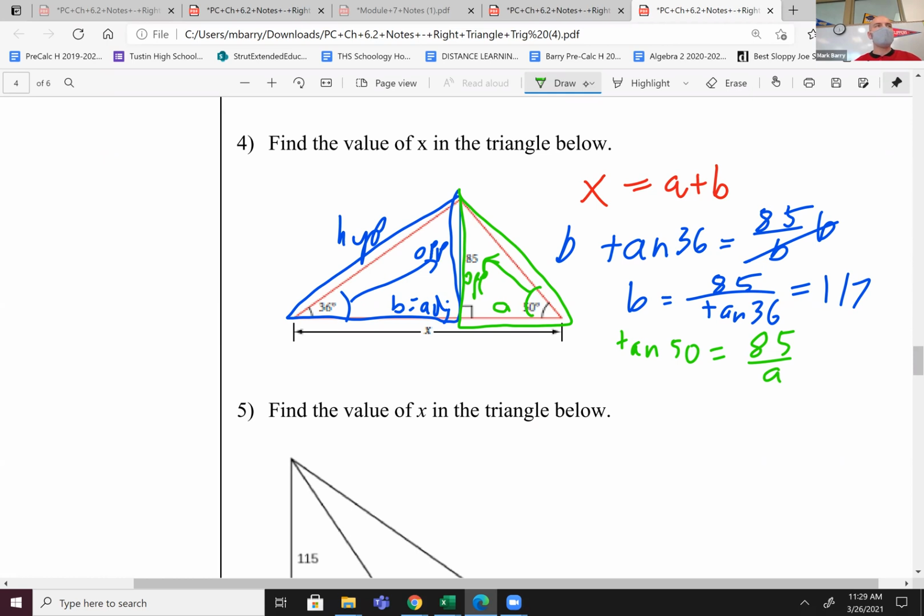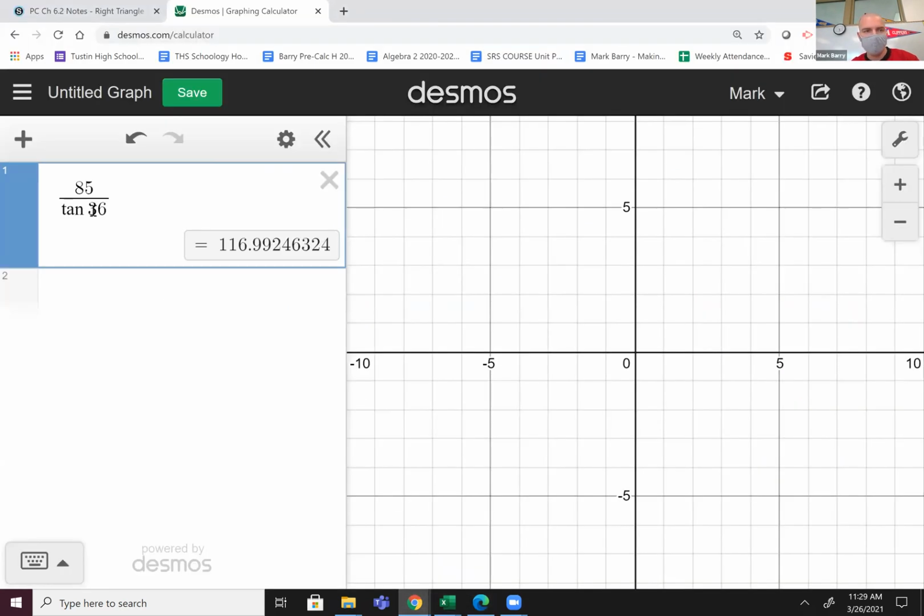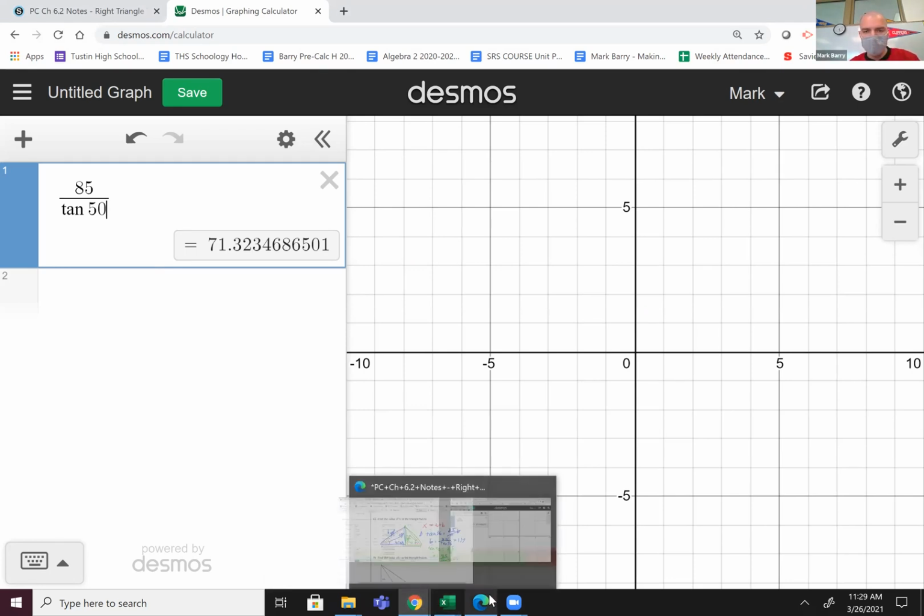Once again we have our variable in the denominator, so this is going to end up as A equals 85 divided by tan 50. And that'll be 71.3.